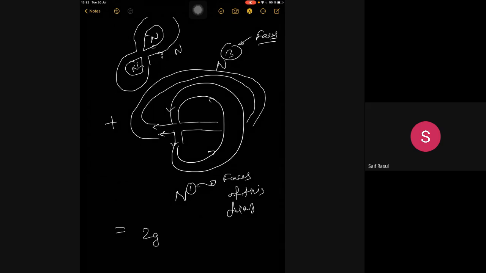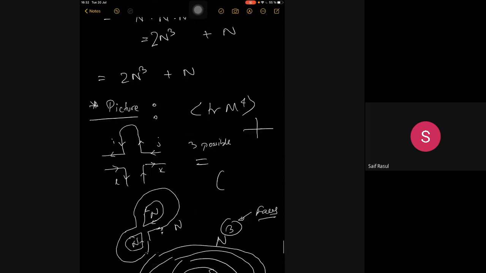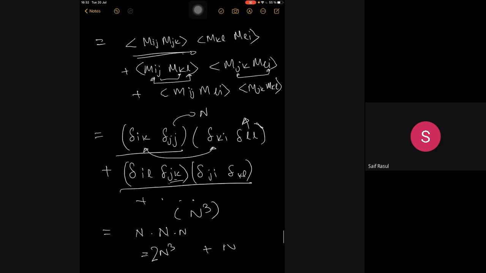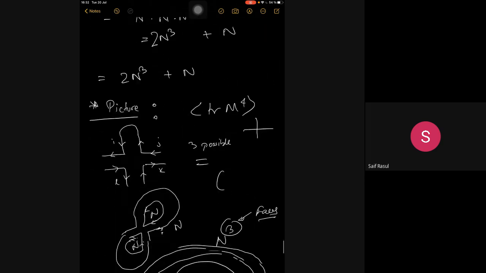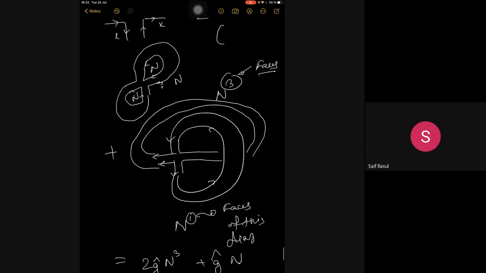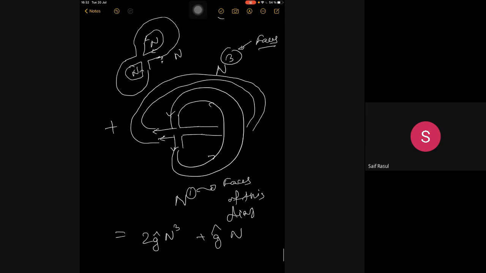So 2G. So trace of M4, the first term in our partition function, gives rise to three figures, and they have different faces. Two of them have three faces, one of them has one face. And in this way, we can keep track of the number of faces.